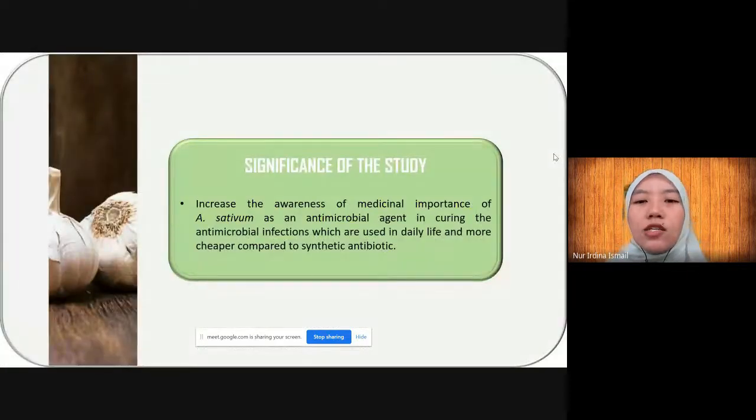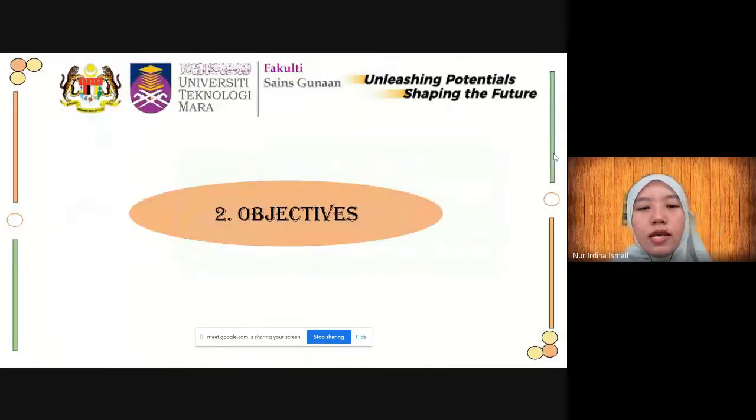The significance of the study is to increase awareness of the medicinal importance of Allium sativum, or garlic, as an antimicrobial agent in curing microbial infections. It is used in daily life and is cheaper compared to synthetic antibiotics.